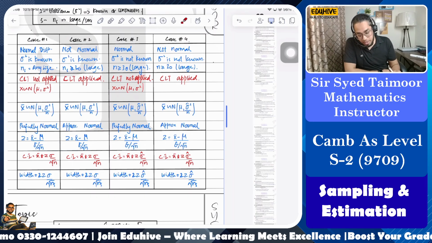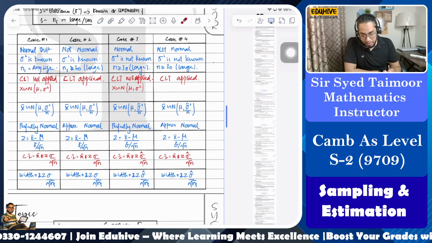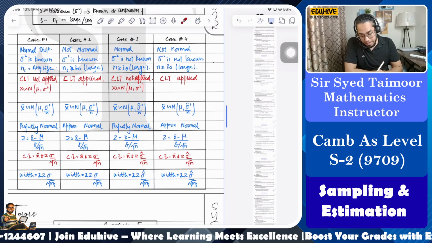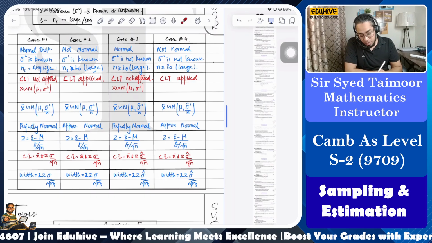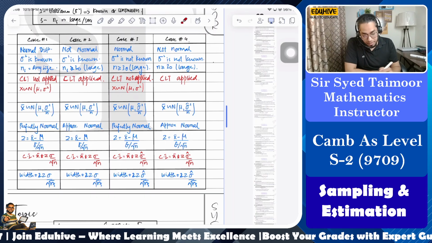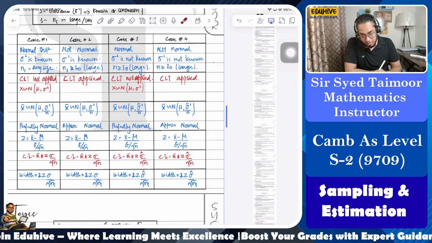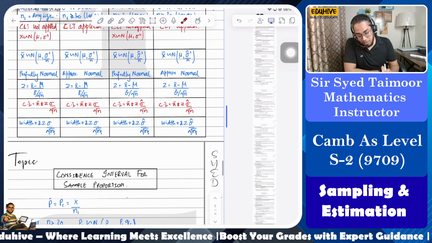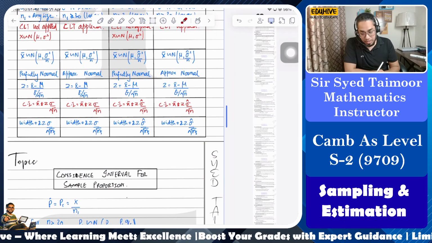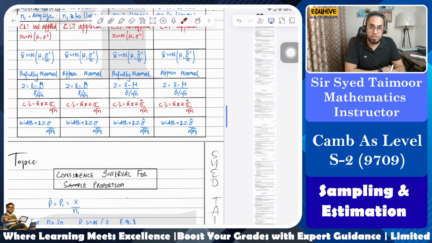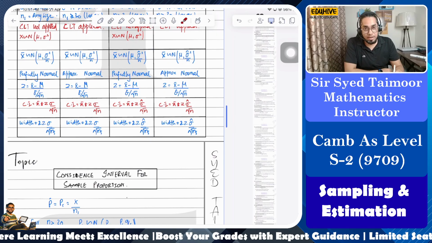So it means that CLT is not applied. We cannot use CLT. Like x bar follows a normal distribution with the mean it has given and sigma over root n, perfectly normal, and this is the formula for calculating z. We have to construct a 99% confidence interval for this. Is that clear?